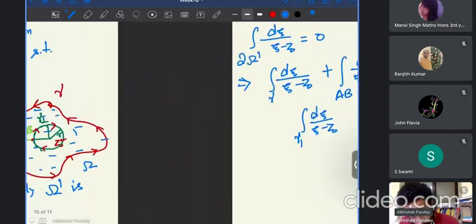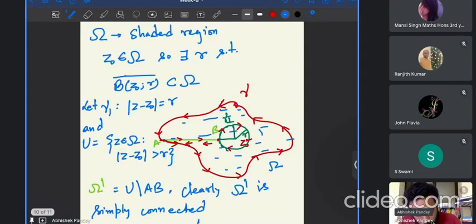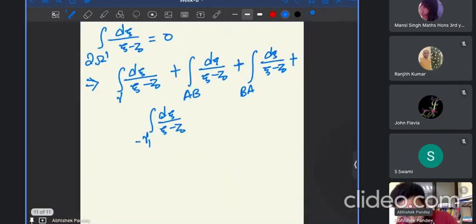See, the direction of gamma 1 is clockwise. So in this integral this should be minus gamma 1.